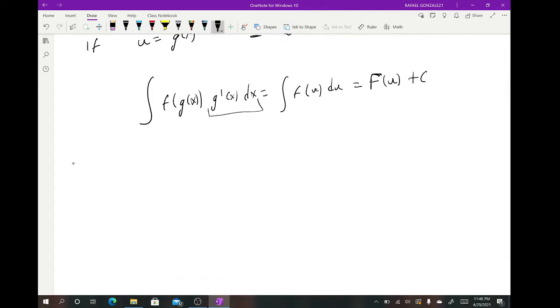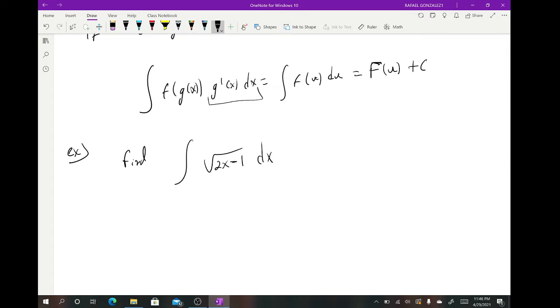So let's see how this works in action. Let's say somebody comes up to you in the train, let's say in Grand Central Station, and they tell you to find the antiderivative of the radical 2x minus 1 dx.